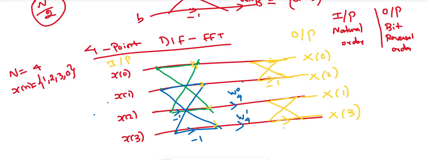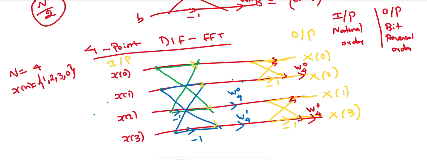This is the arrow mark, and this is the computation. So as per the 2-point formula, W_4^0, this also W_4^0.